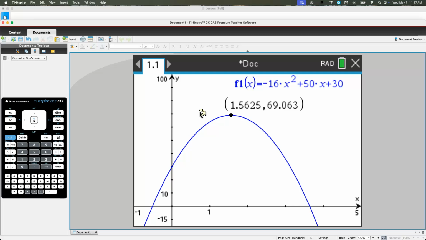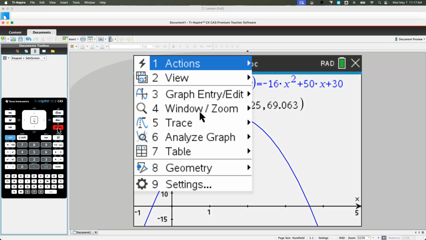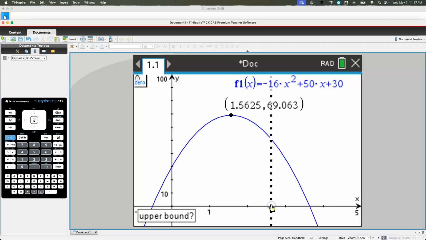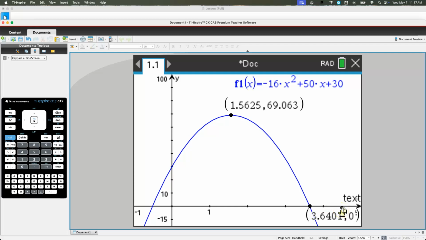To land, what would that one be? The x, so the 0. Okay, so let's analyze this graph for a 0. So how long was this ball in the air? 3.64 seconds.